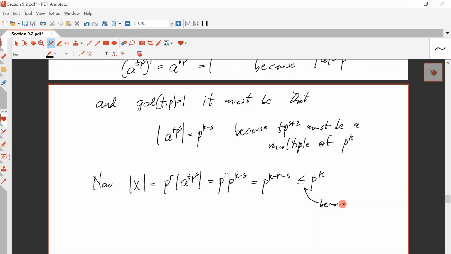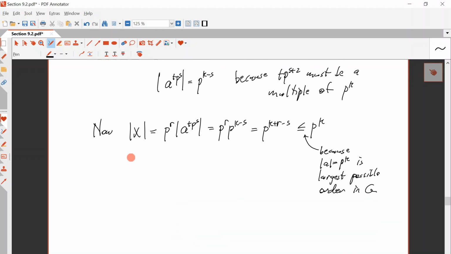Because the order of a equal to p to the k is largest possible in G. Okay? It's the largest possible order in G. So this has got to be less than or equal to that.